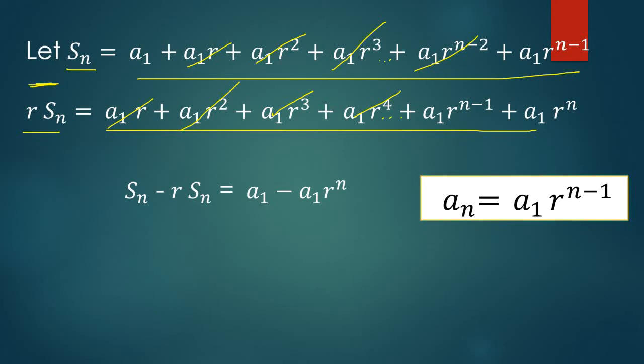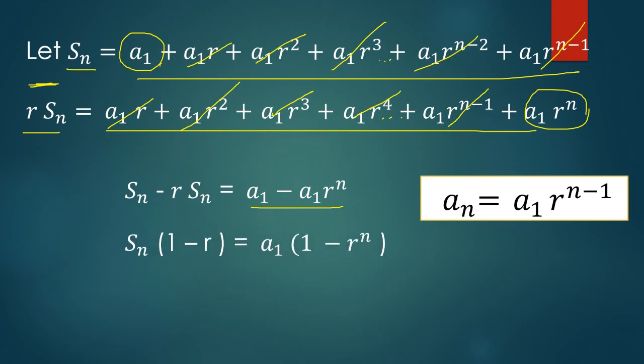Until the last term of the first equation is subtracted by the second to the last term of the second equation. So what remains is A1 and A1R^n. That is our answer. Now observe that we have a common term Sn.